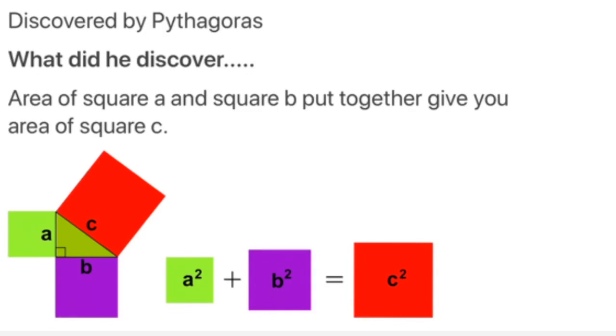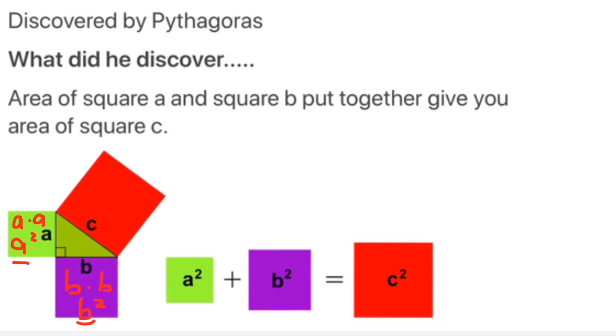So what he realized was that when you had a right triangle, it didn't matter how big or how small, if you drew a perfect square using each side length of the triangle, and took the area of the squares on the legs, which is a times a, or a squared, and b times b, or b squared, those represent the area of those squares.